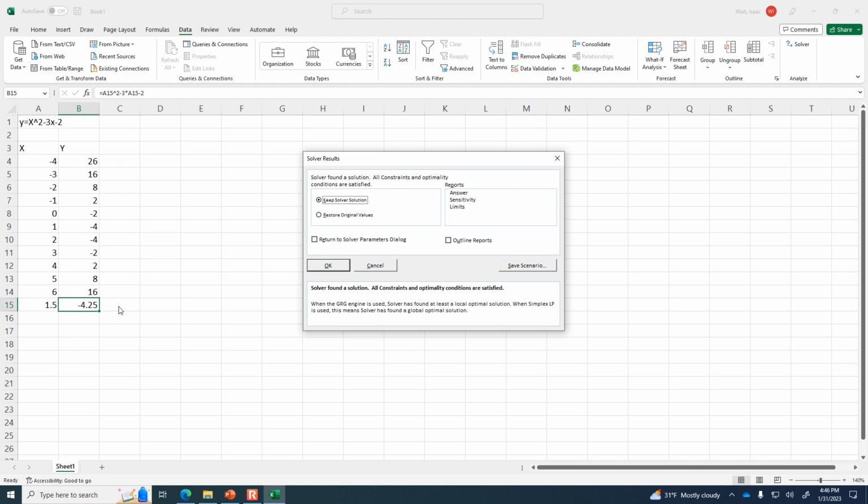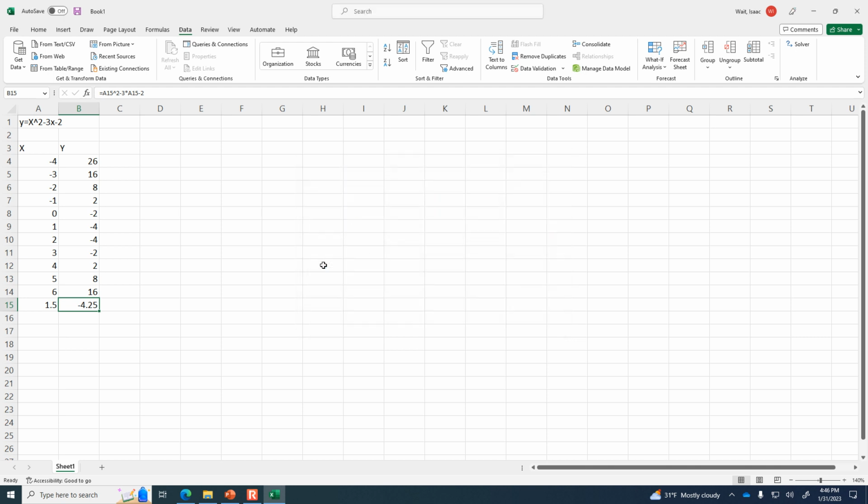So the lowest y value is negative 4.25. And if you click OK, then it will keep the solution that it found. So I'll just click OK. So that shows optimization. We didn't know what target we were looking for. We didn't know what was the lowest possible y value, but Solver allowed us to find it.